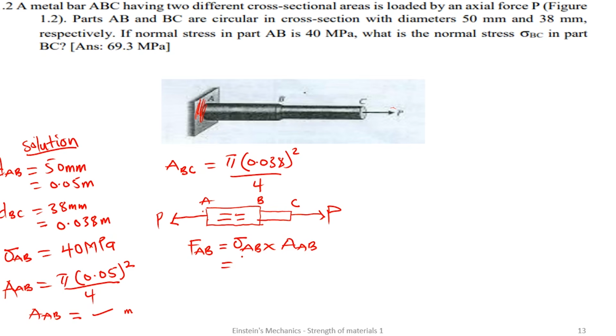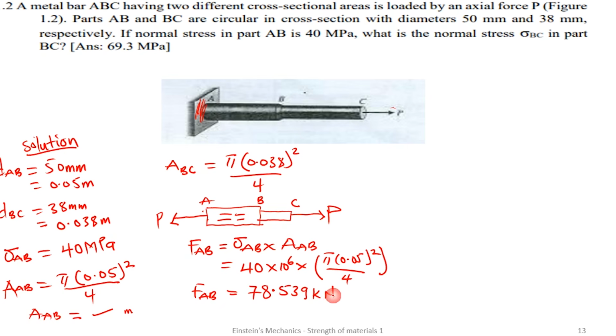So we have 40 times 10 to the power 6 times the area, pi d square on 4. And I'm getting my force in AB to be 78 point something kilonewton.